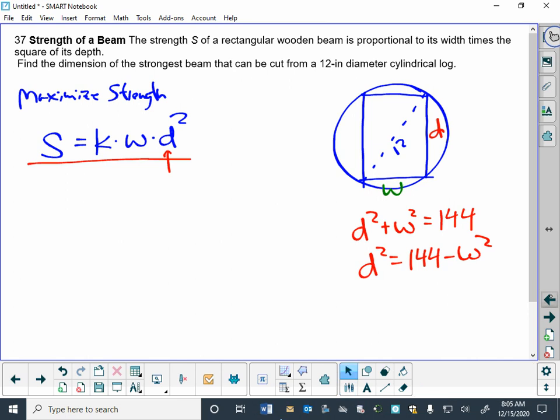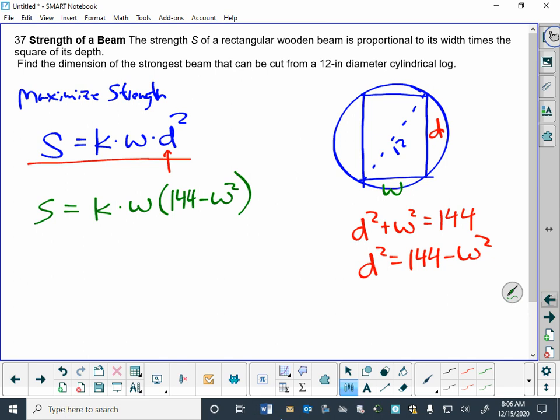So let me rewrite my strength equation to be that constant of proportionality times the width times 144 minus w squared, which I can simplify to 144 times k times w minus k times w cubed. So this is the strength of the beam, and now it has just one variable.